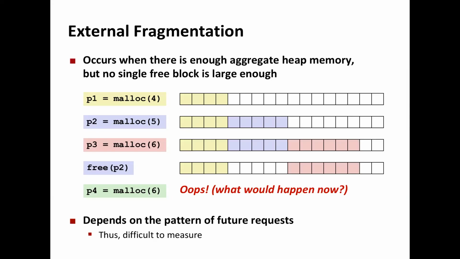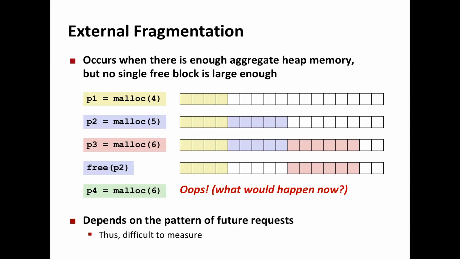In general, it's very hard to predict. I don't have a crystal ball to see what other malloc requests are going to come in the future. Typically we cannot determine that at compile time, only at runtime when we call malloc, and I cannot see what's going to happen in the future.